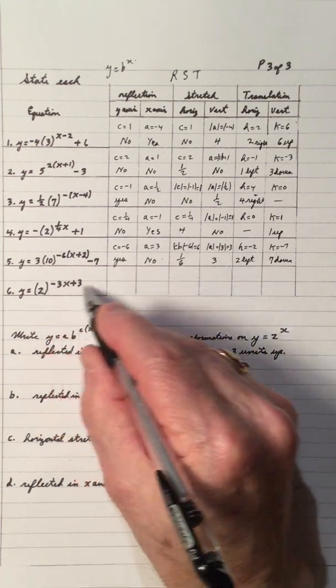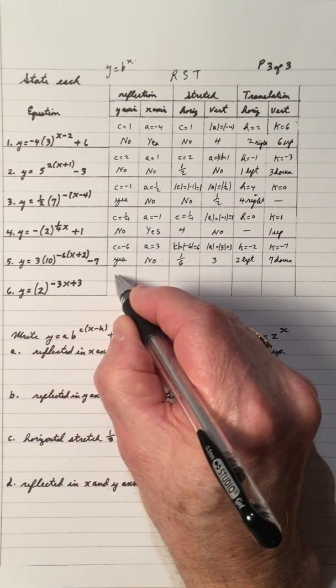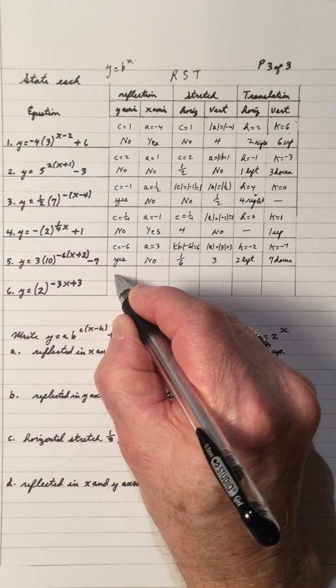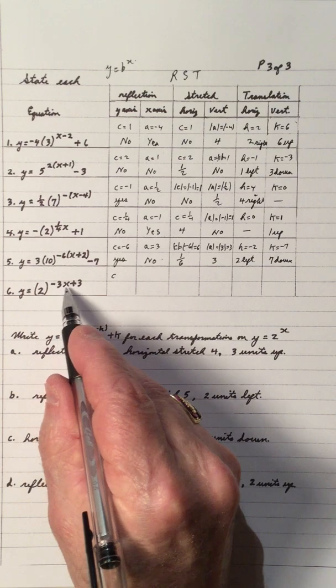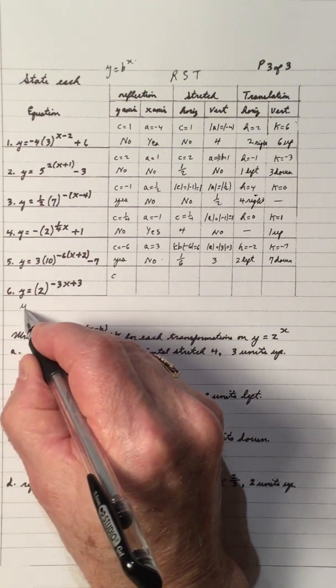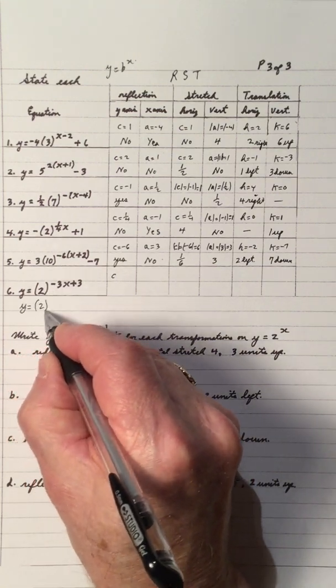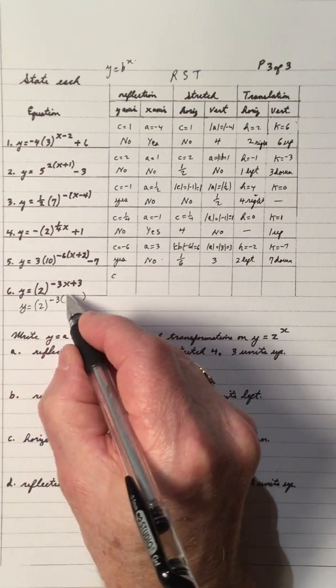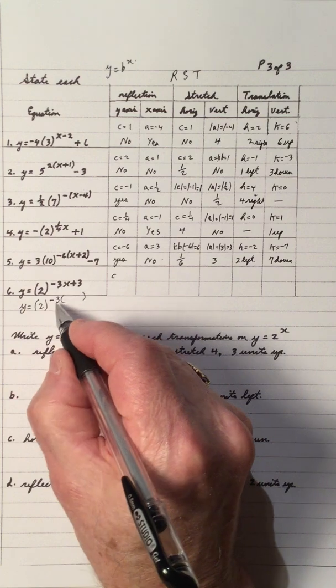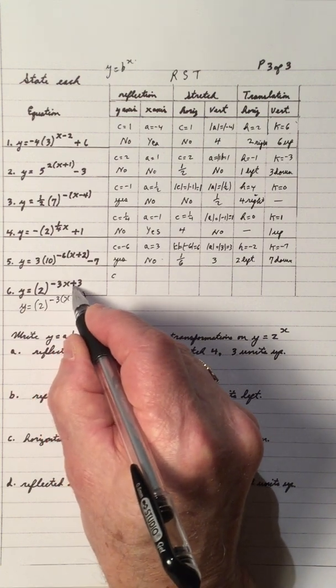And one more in this chart. We reflect in the y-axis when we have, oh, notice I have no bracket. So that means I've got to rearrange the equation. I have to take the -3 out, and it has to be factored. -3x divided by -3 is x.